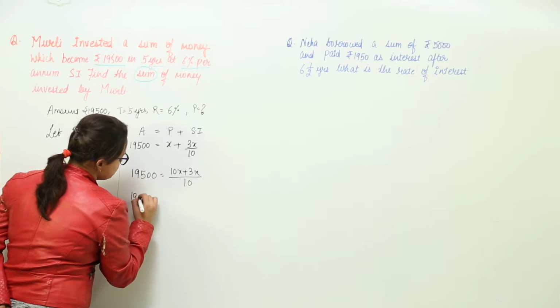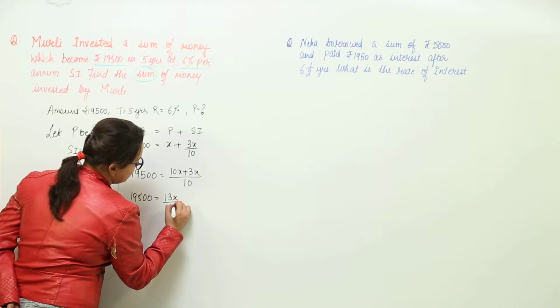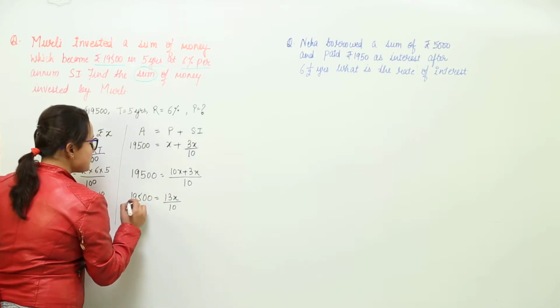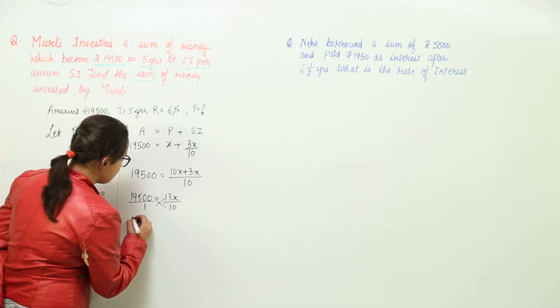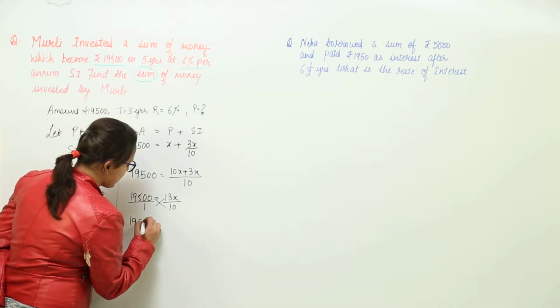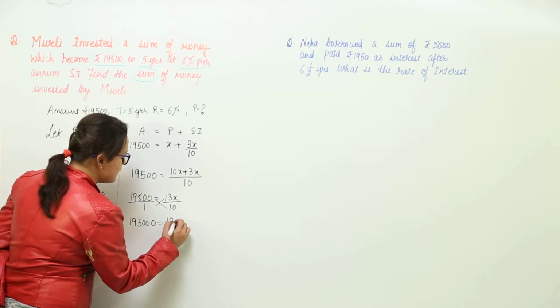On solving this, we get 19,500 equal to 13x upon 10. Now you can cross multiply, because nothing can be solved any further. On cross multiplication, we get 19,500 into 10 equal to 13x.